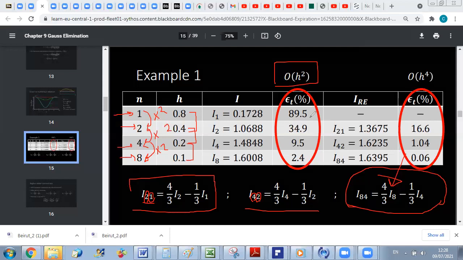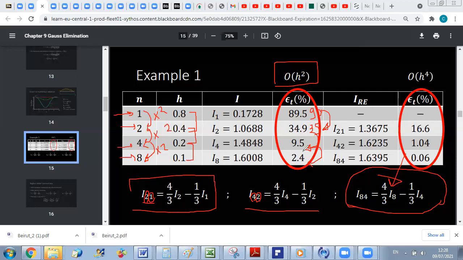You can see here that between 1 and 2, the error was nearly 90, and this is nearly 35. So it's not exactly divided by 4, for the reason I told you. When going from 2 to 4, we were closer to a decrease by 4, because this is nearly 40 and this is nearly 10. Then from 4 to 8, we went from nearly 10 to nearly 2.5, so the error was approximately divided by 4.